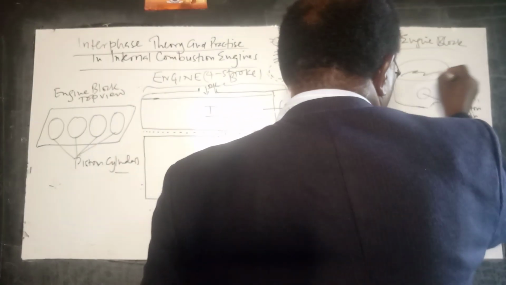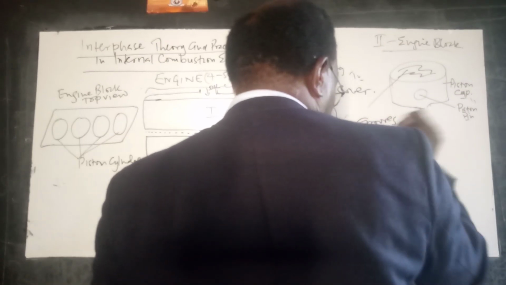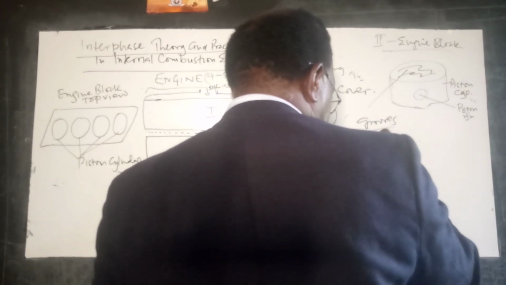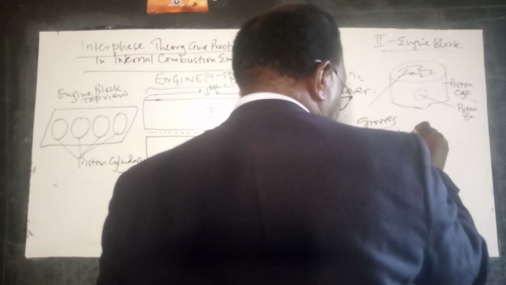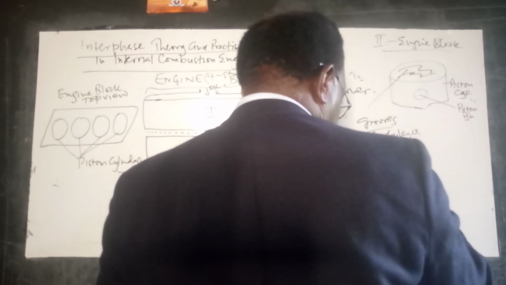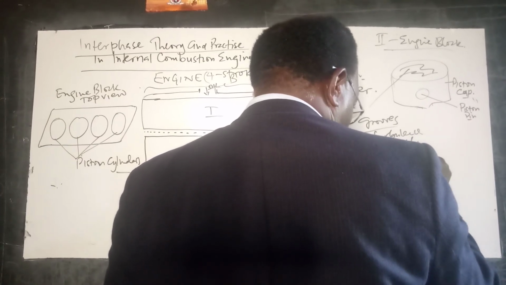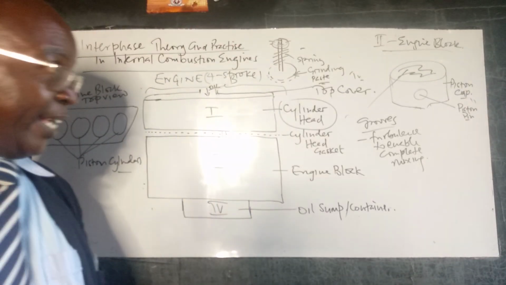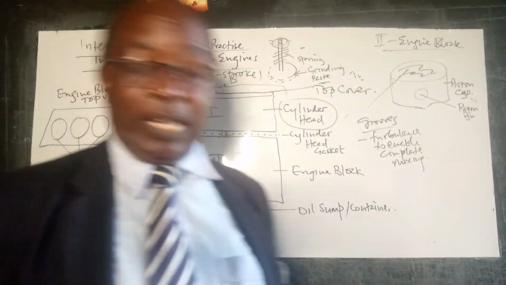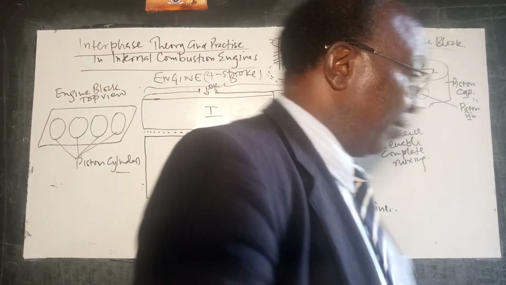But most of them have grooves, mostly to facilitate turbulence, to enable fine, complete mixing. Not all have; some are just smooth surfaces, but some are grooved, which facilitates turbulence and assists in mixing.